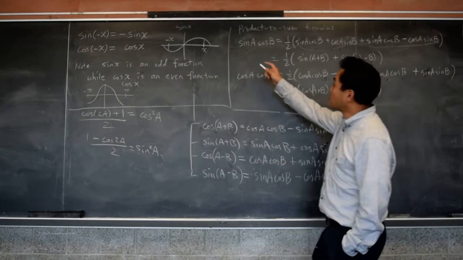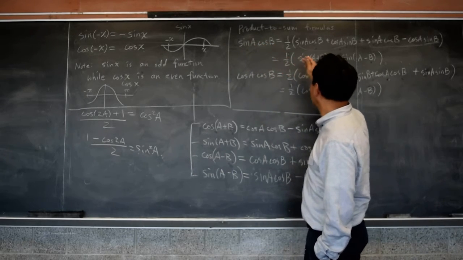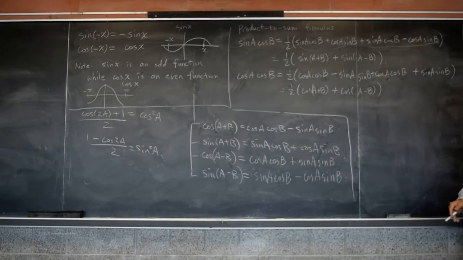Here we're changing the product of a sine and a cosine into a sum of two sine functions.